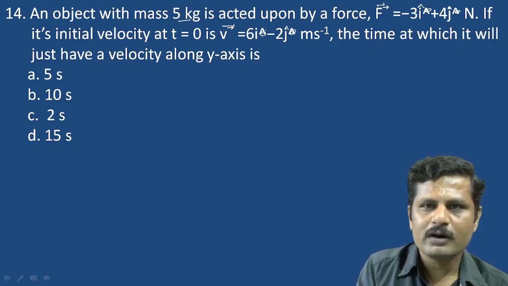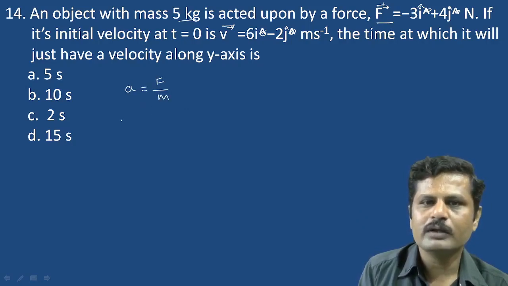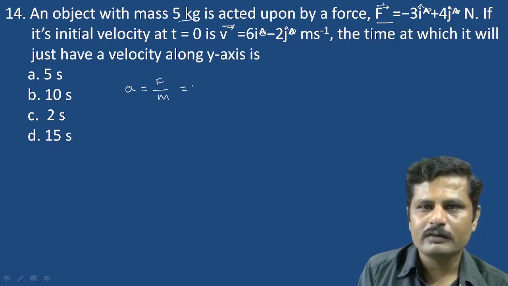Here we have mass as well as force, so we can find the acceleration from Newton's second law of motion: force by mass, that is minus 3i cap plus 4j cap divided by m, which is 5 kg.